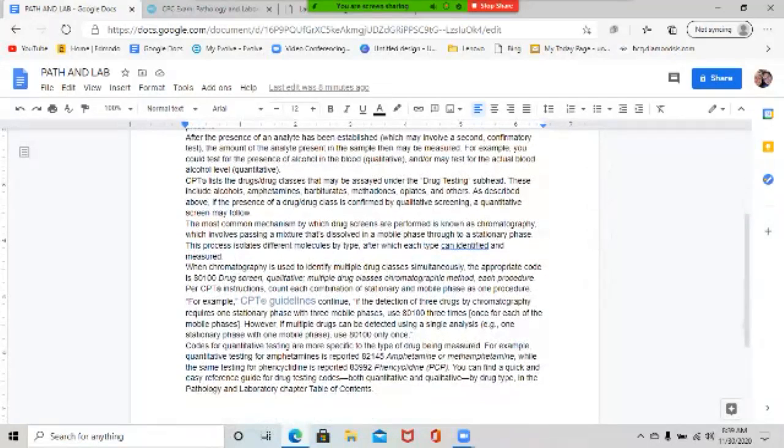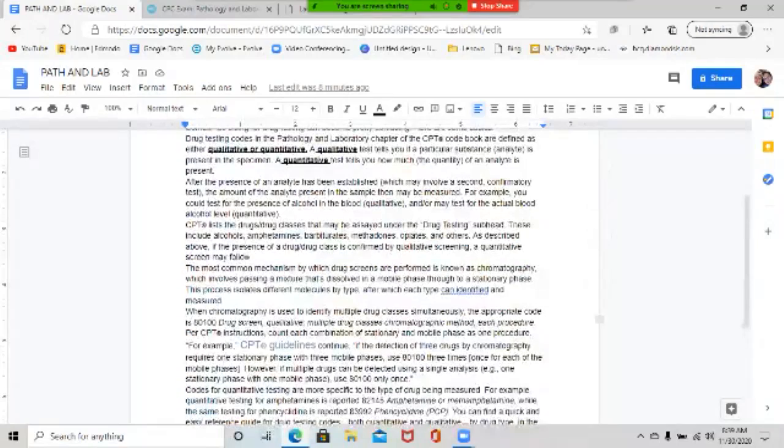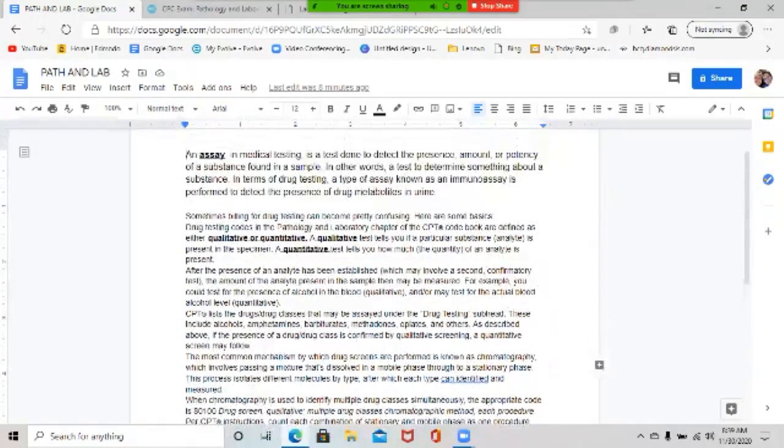Another couple of words you're going to need to know are qualitative and quantitative. I'm not going to read all of this, only a very short amount of it, but I am going to have it uploaded for you so that you can refer to it or print it out. Sometimes billing for drug testing can become pretty confusing, but here are some basics. Drug testing codes in the Pathology and Laboratory chapter of the CPT codebook are defined as either qualitative or quantitative.